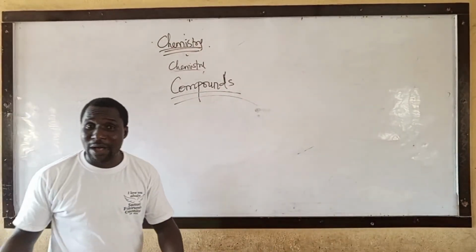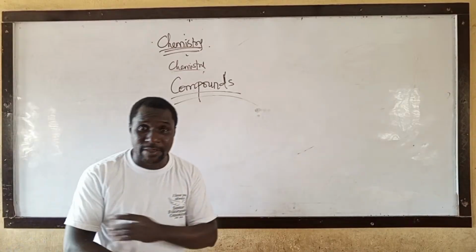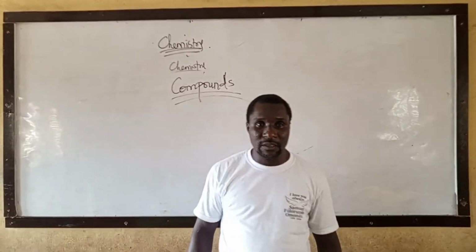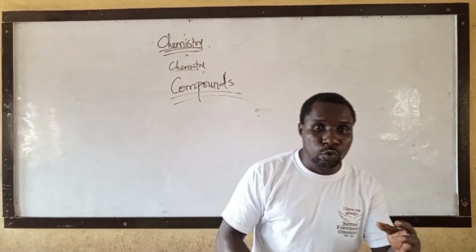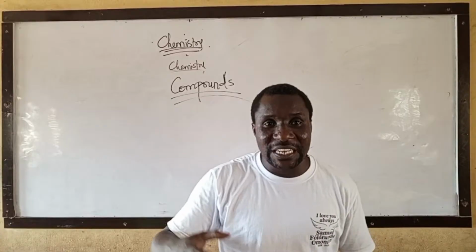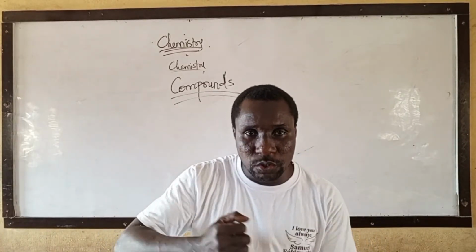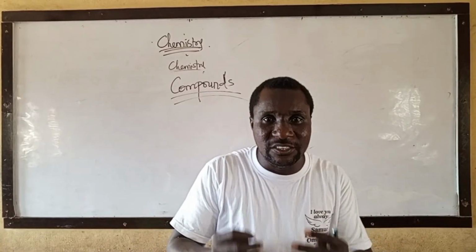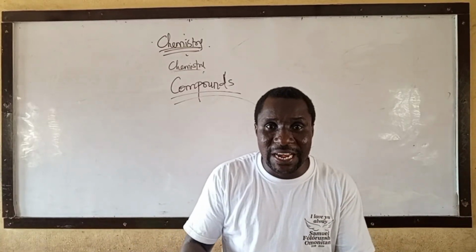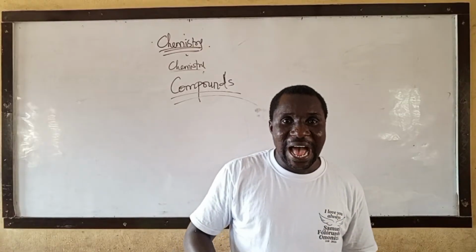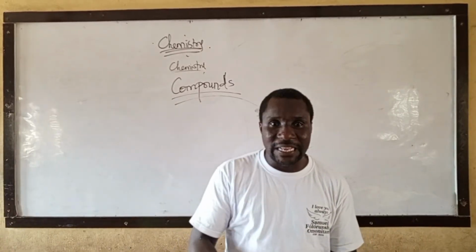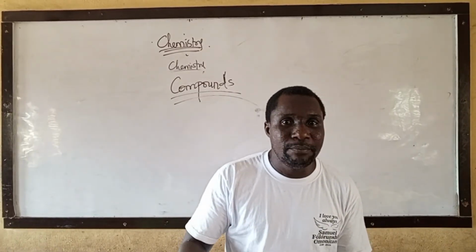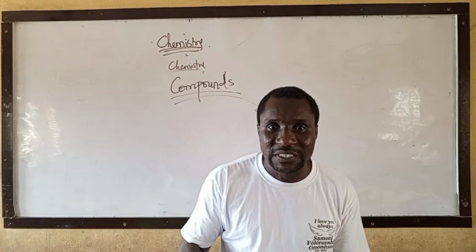What is a compound? We all know that a compound is a combination of two or more elements which are chemically held together. Write it down. Some people say chemically combined together. And it cannot be separated by any physical means.